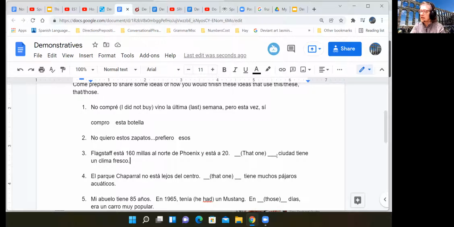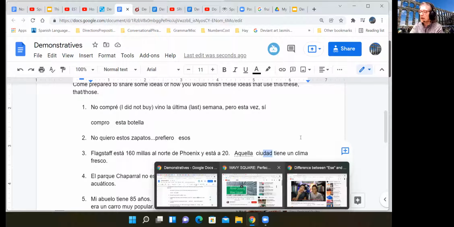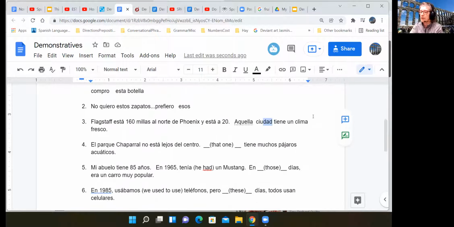If I'm talking about Flagstaff, aquella ciudad. Ciudad es femenina. All these dad nouns that end in dad are always 100% feminine. No exceptions to that. Aquella ciudad. That city. Tiene un clima fresco, has a cool climate.